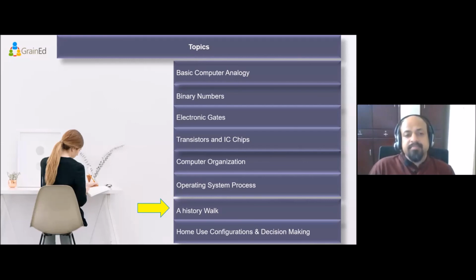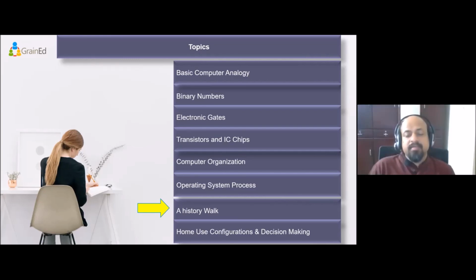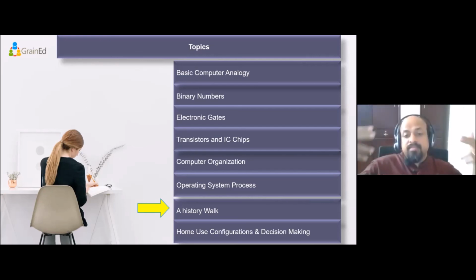And then we learned about electronic gates and Boolean operations like AND or OR. And then we learned about transistors and IC chips. And we use transistors to build electronic gates, using that binary operation.